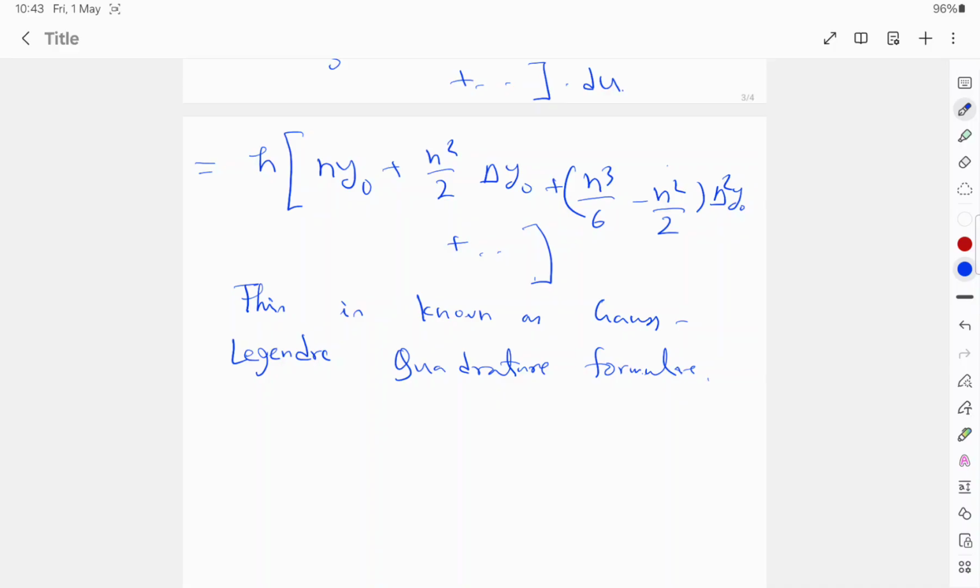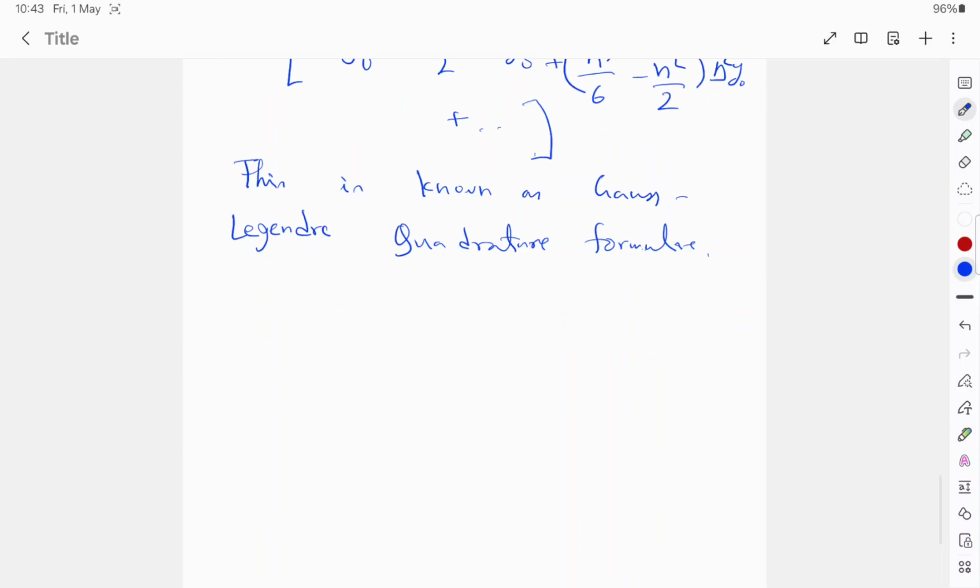Anyway, now here if you put n equal to 1, and there are some n equal to 2, I told you that this is the Simpson thing, and then Weddle's rule is for n equal to 3.